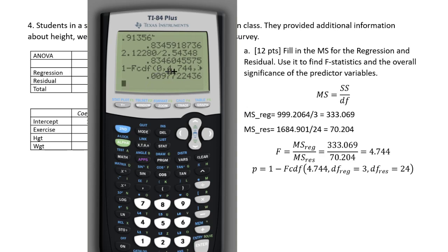Okay, so that's the p-value. So even at 1% significance level, it's still significant. Okay, so it has a very small number. So that means that the linear regression equation we got is useful, right?